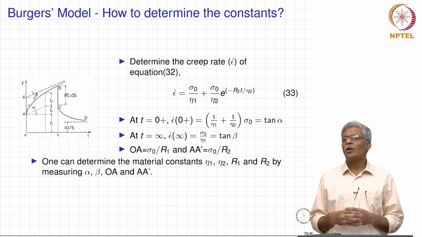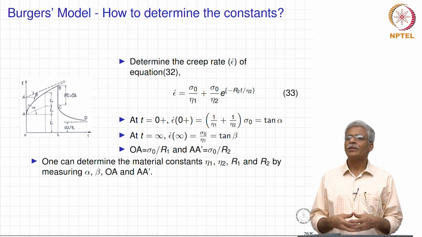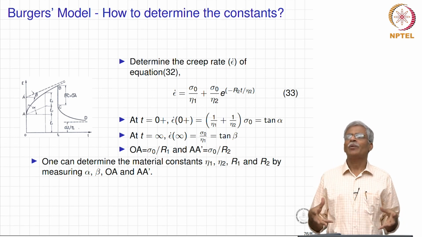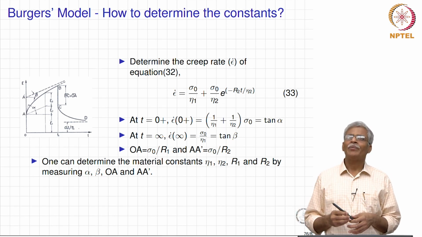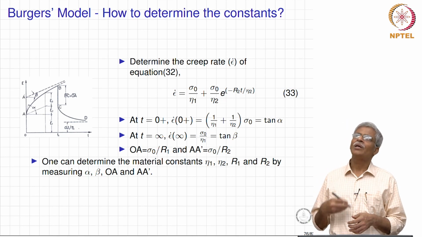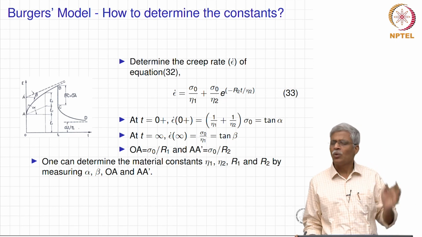But then the main problem here is how do we really determine these material parameters? We now have 4 material parameters to be determined, right. So, only if we have determined these material parameters, we will be in a position to even use this model for any simulation or stress analysis if you really want to do.